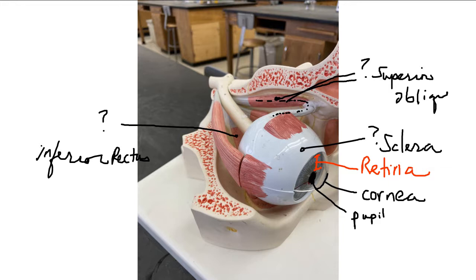Oh wait, sorry, it's not the retina. The retina is the third layer of the eye. That is known as the iris, the iris of the eye.